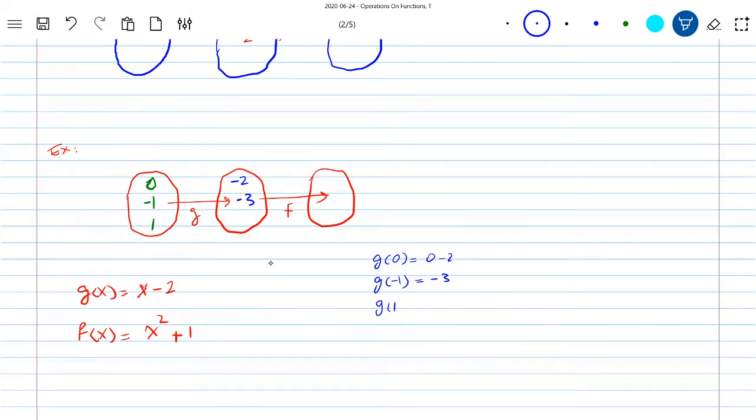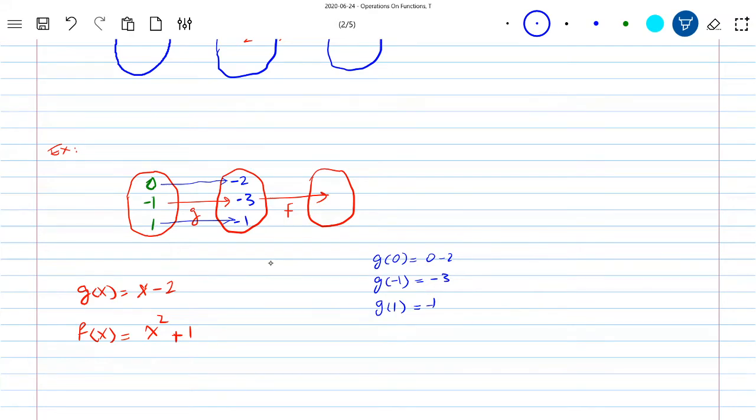G of 1. These are just sample numbers so you see the process. G of 1 would be 1 minus 2. You'll end up at negative 1. I should have picked maybe 2 so as to end up with 0, but it doesn't really matter. So 0 goes to negative 2, negative 1 goes to negative 3, 1 goes to negative 1 through the function g.